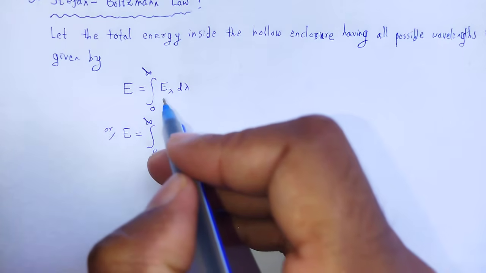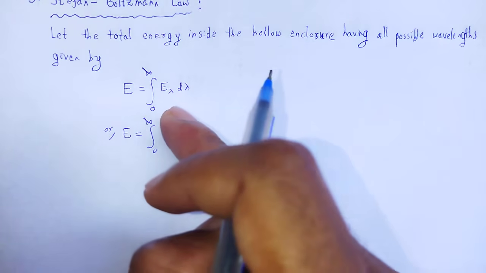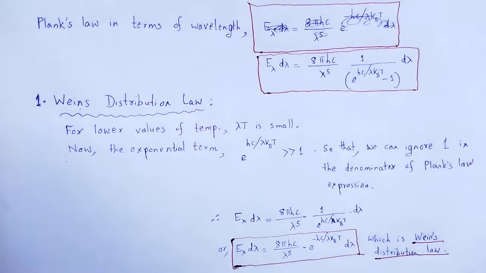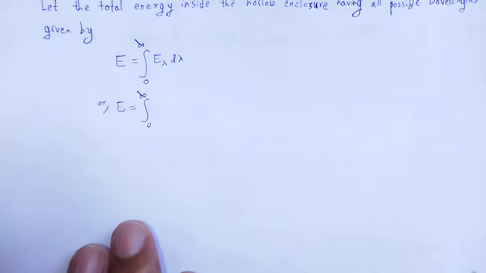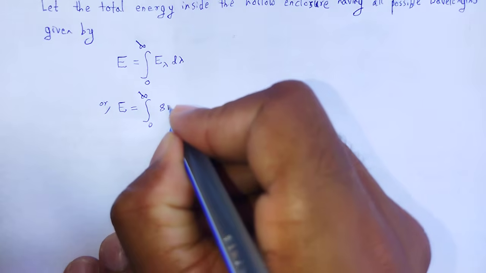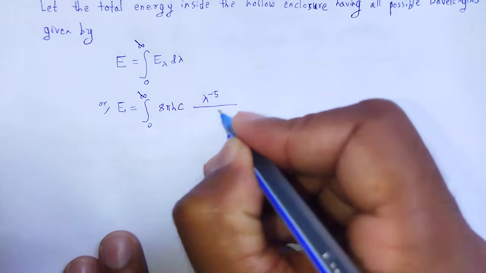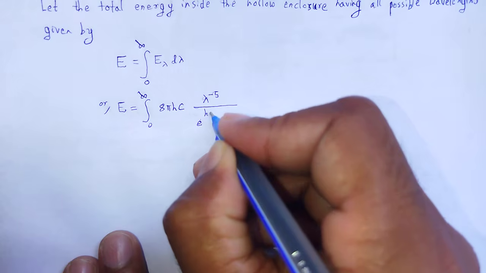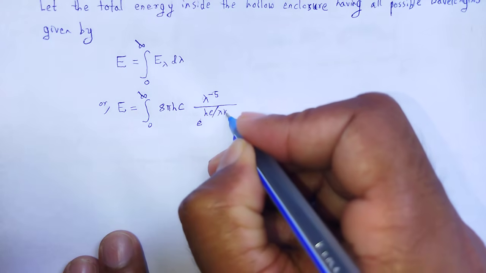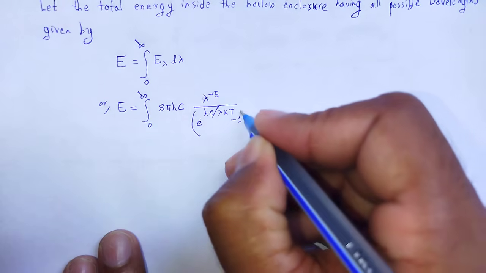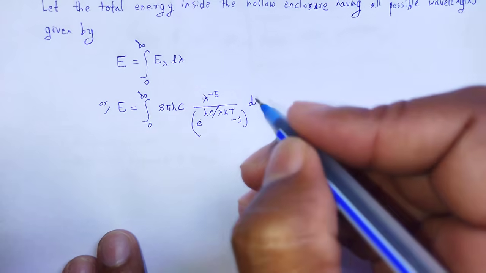Now, the value of E lambda d lambda is put from Planck's law. E lambda d lambda is 8 pi h c lambda to the power minus 5 divided by e to the power h c divided by lambda kBT minus 1, d lambda.